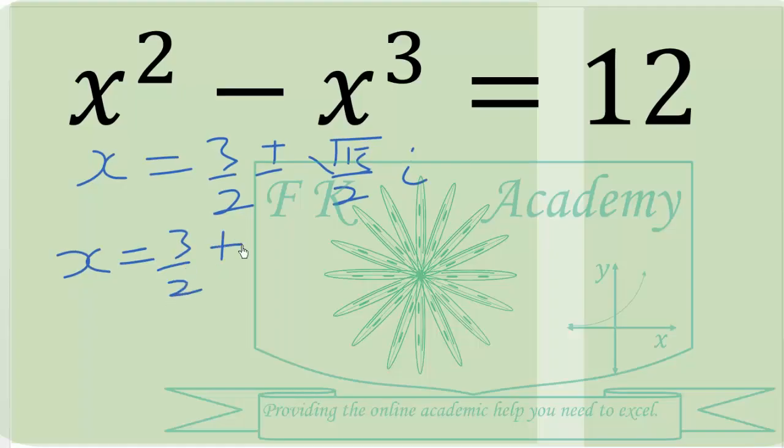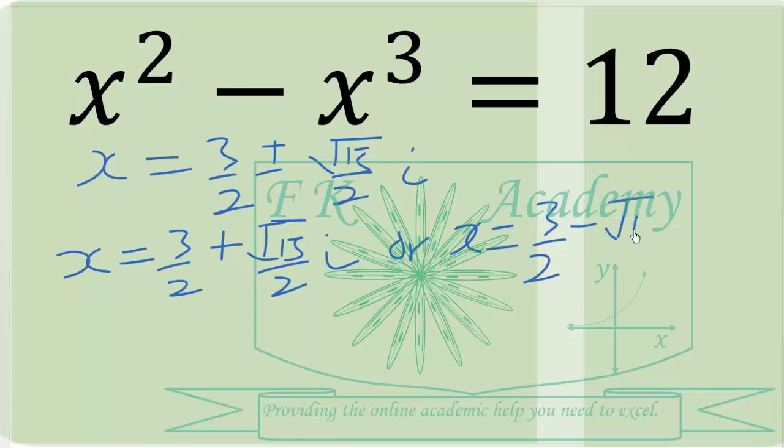So you have either x equal 3 over 2 plus square root of 15 over 2 i, or x equal 3 over 2 minus square root of 15 over 2 i. Hence, we found the three solutions: x equal negative 2, x equal 3 over 2 plus square root of 15 over 2 i, or x equal 3 over 2 minus square root of 15 over 2 i.